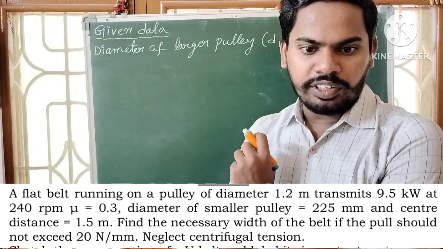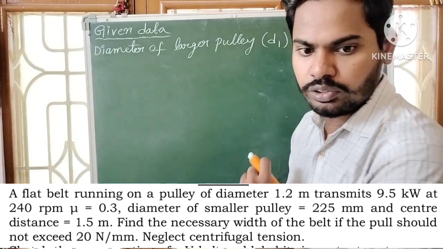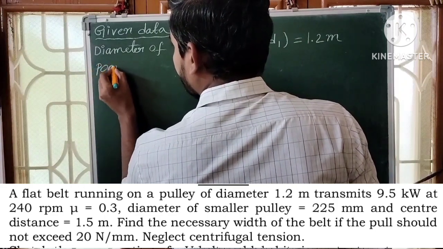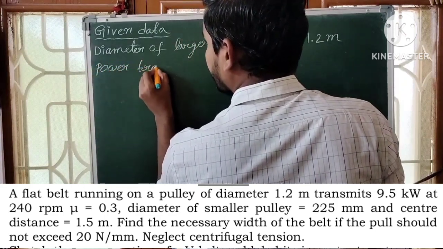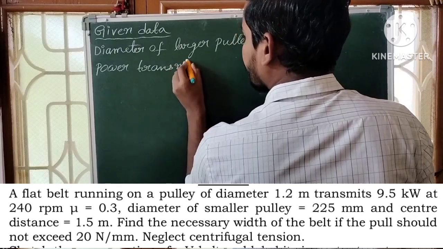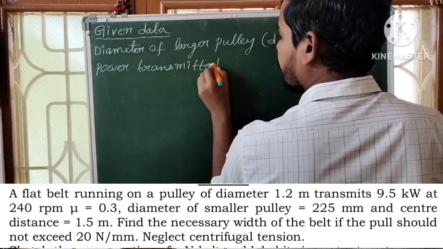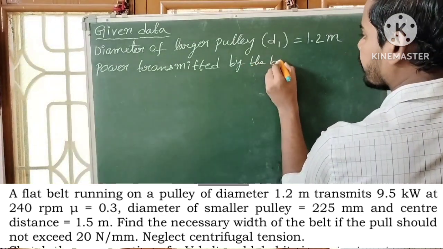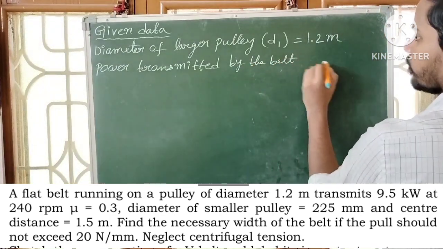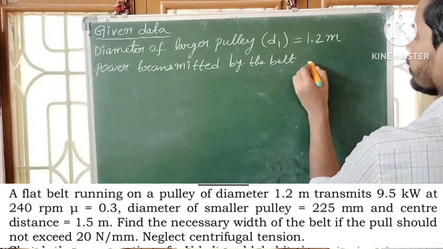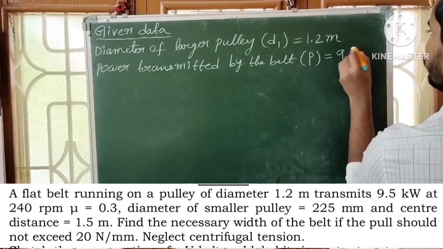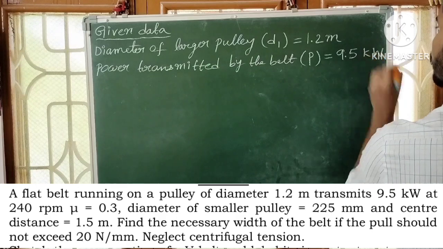Next, it transmits 9.5 kilowatts, so that is the given power, the power transmitted by the belt. Capital P is equal to 9.5 kilowatts.